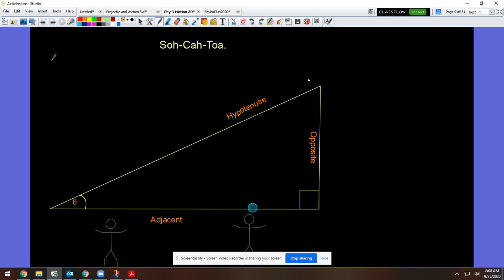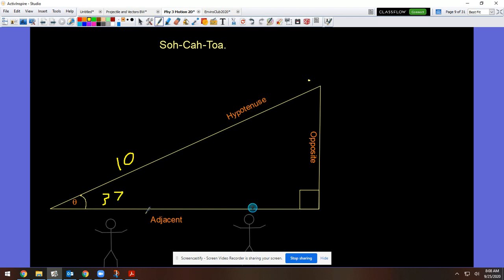And then we have one more thing to talk about in this, and that is SOHCAHTOA. Now I know that you've probably encountered SOHCAHTOA in your work, but some of you may not have fully understood it, or you may need a refresher. So let's just say that this is a vector we're working with. Let's say maybe the hypotenuse is 10 and the angle is like 37.